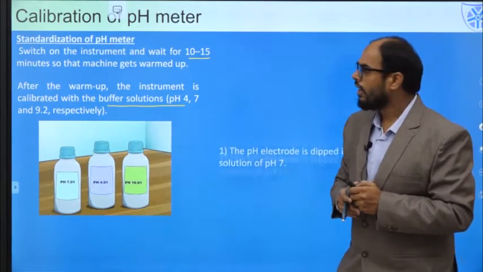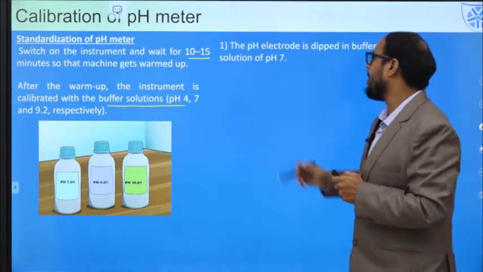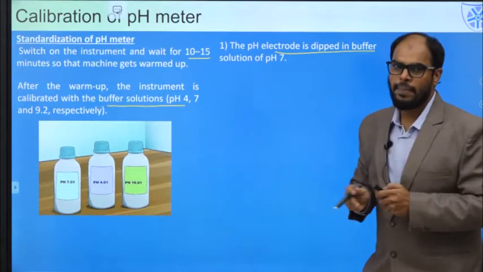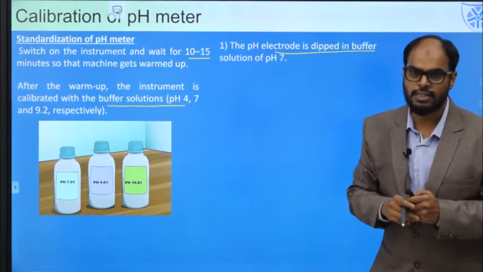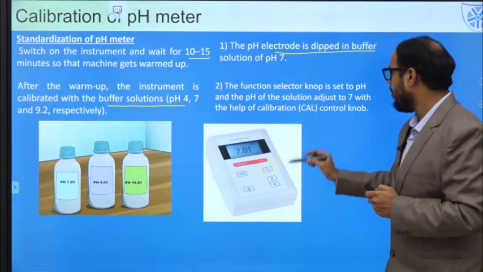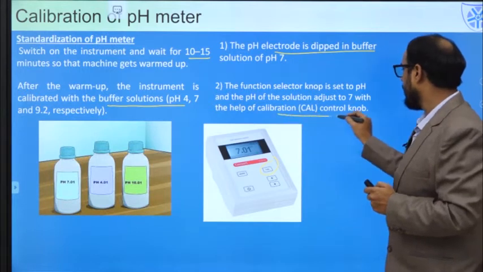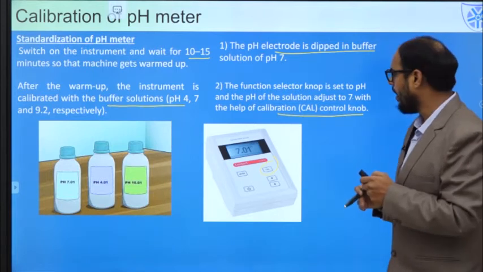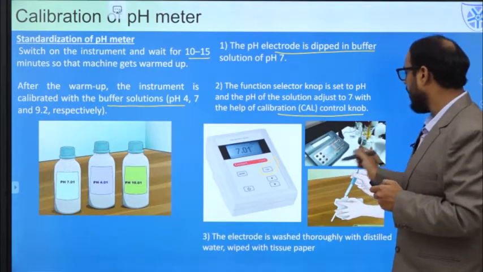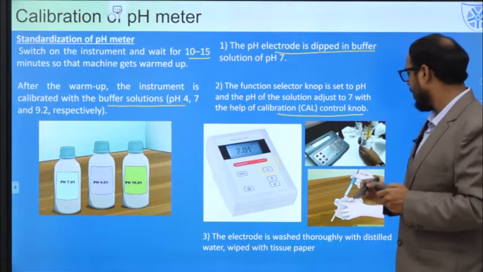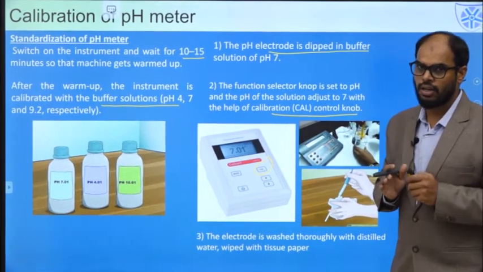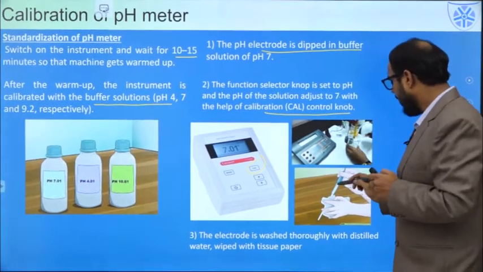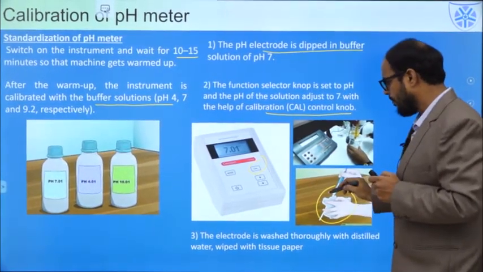Following are the steps involved in calibration of the pH meter. The pH meter is first dipped in a buffer solution of pH value 7. We calibrate to exactly 7.0. Once we calibrate to 7, we wash the probe of the pH meter using deionized water so that there is no contamination, followed by wiping with a soft tissue roll.